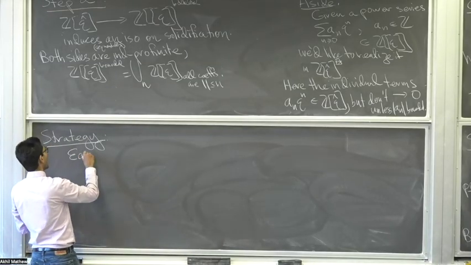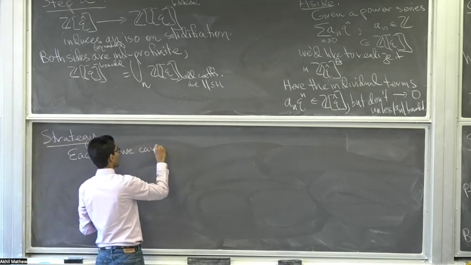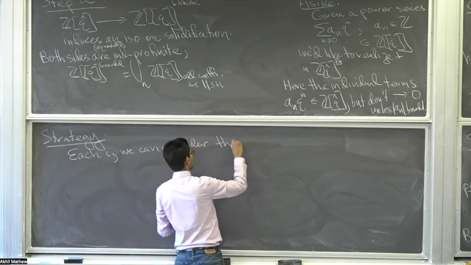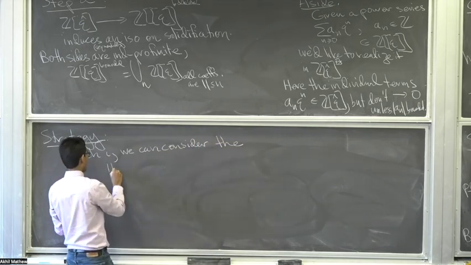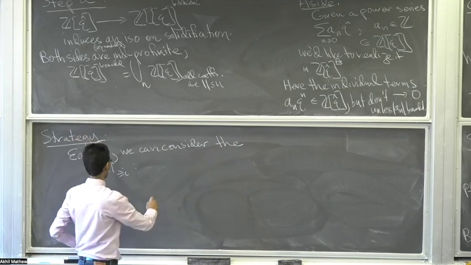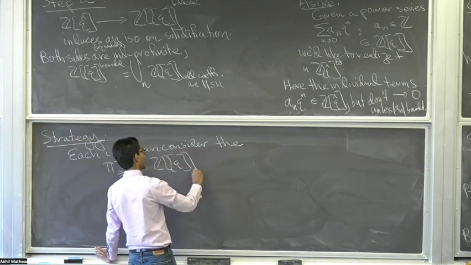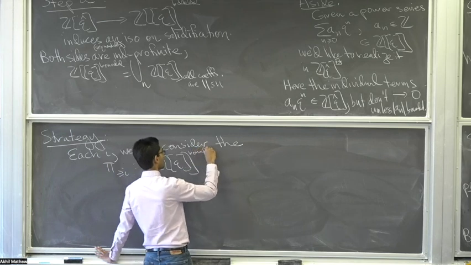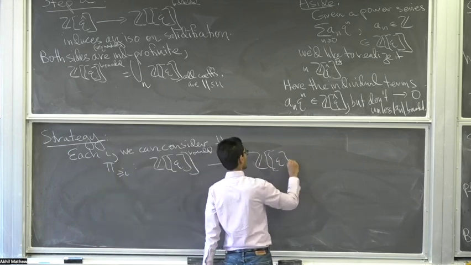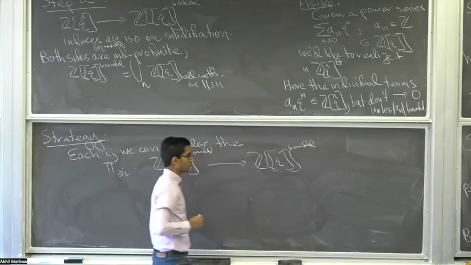So for each i, we can consider the endomorphism, let's say π_i, from C double brackets q bounded to C double brackets q bounded, which truncates the power series.